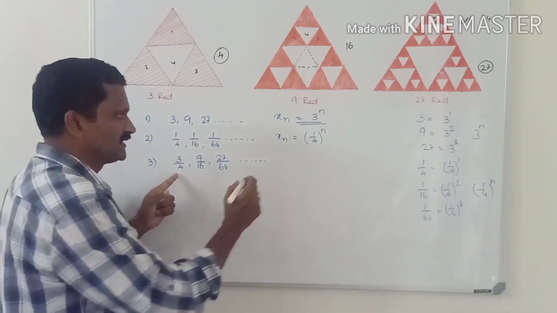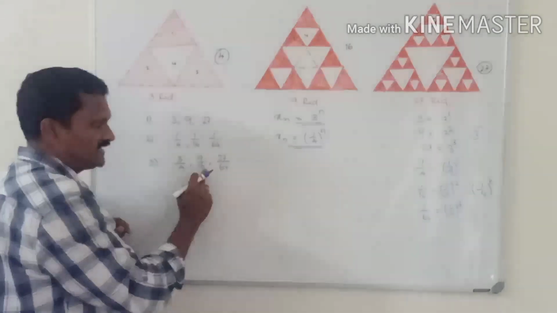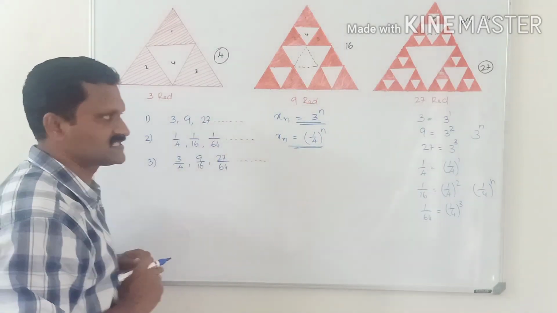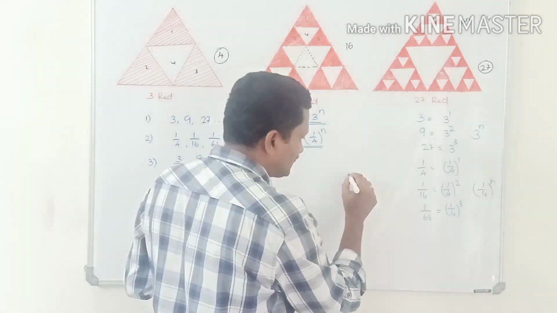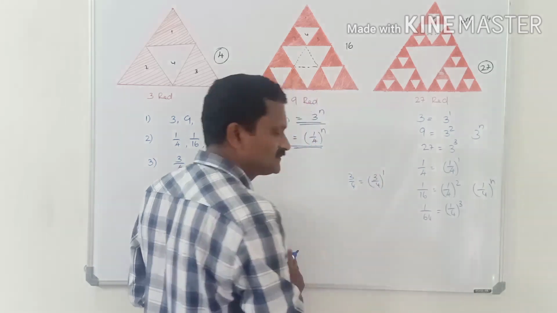Then we pass to the third question. The terms are 3 by 4, 9 by 16, 27 by 64, etc. 3 by 4 can be written as 3 by 4 raised to 1.